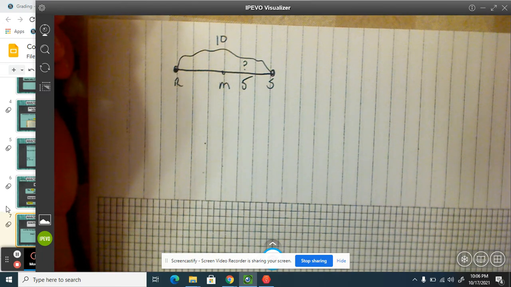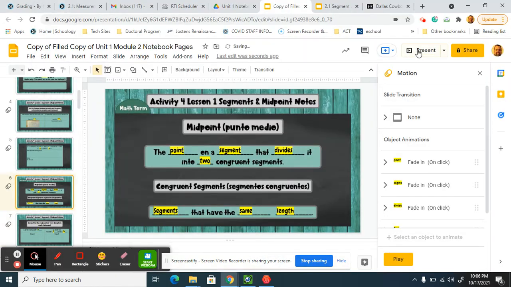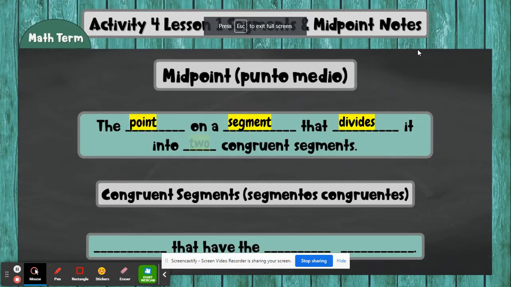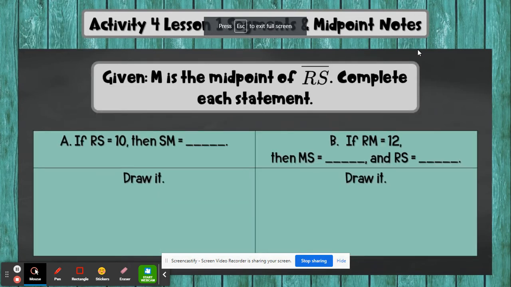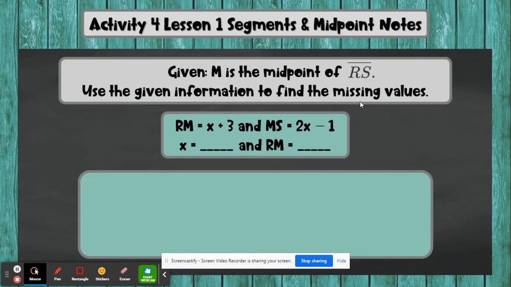Now, the numbers are not what worries me. Let's go through this. So go ahead and put that picture in. Pause the video. I'm not going to do the other one. I'll let you do that one because I want to get to the last example. Okay, so the last example. Again, M is the midpoint of RS.